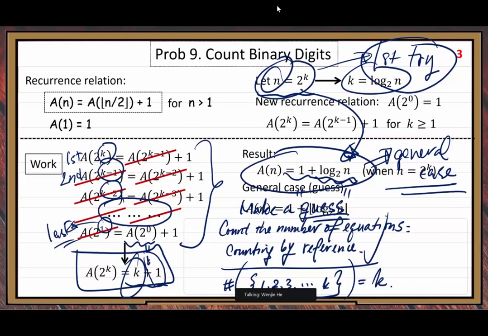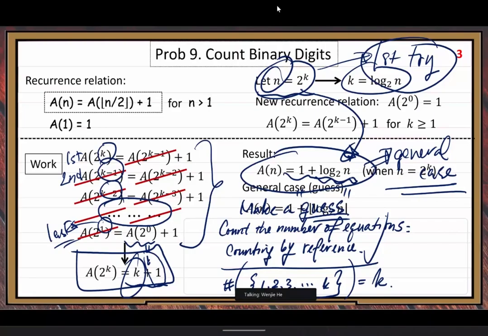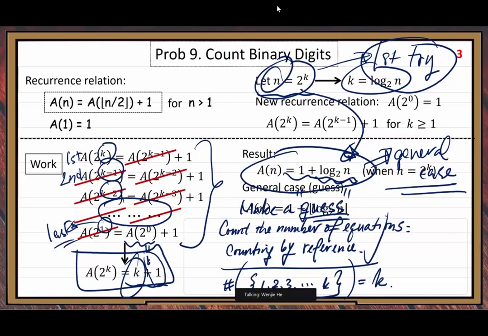So when we consider an arbitrary positive integer n here, then we have a problem. Can we still use the formula here?